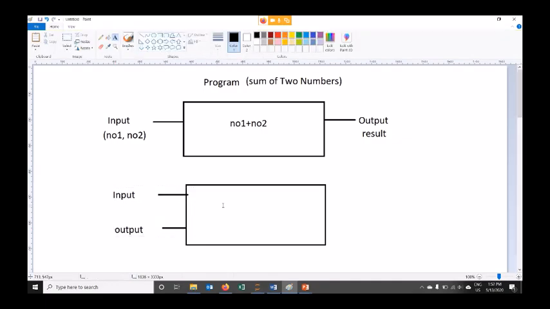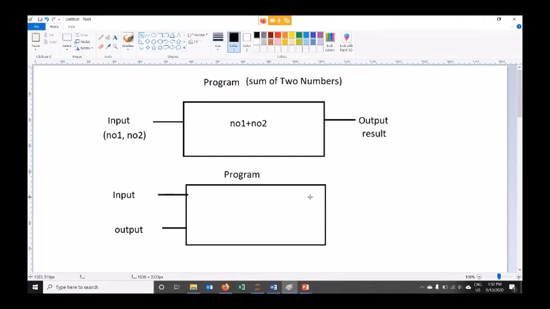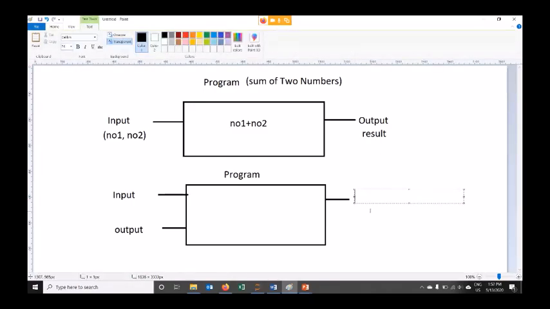Now based on two parameters, input and output, I have to implement some program which gives me output as a function, a program to solve the future task.